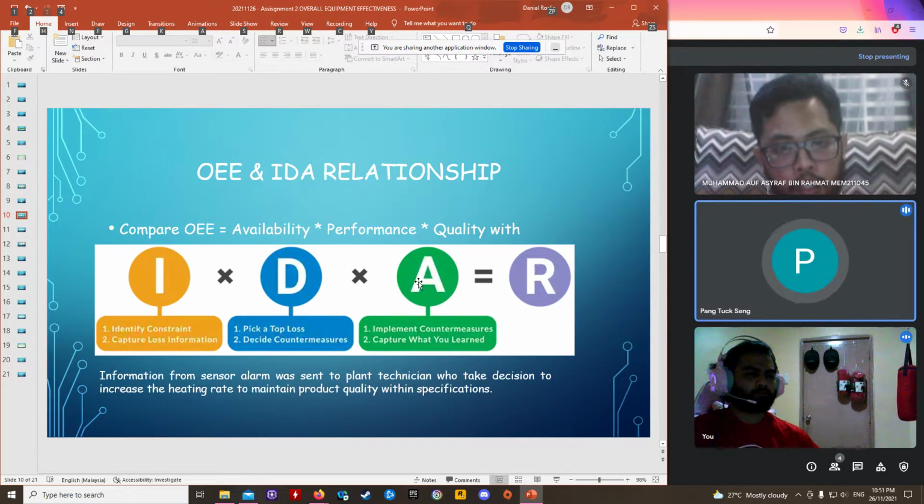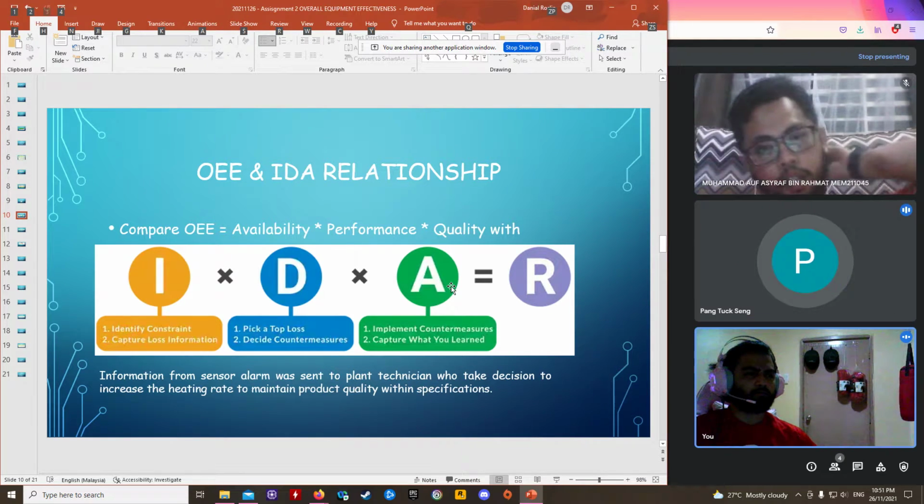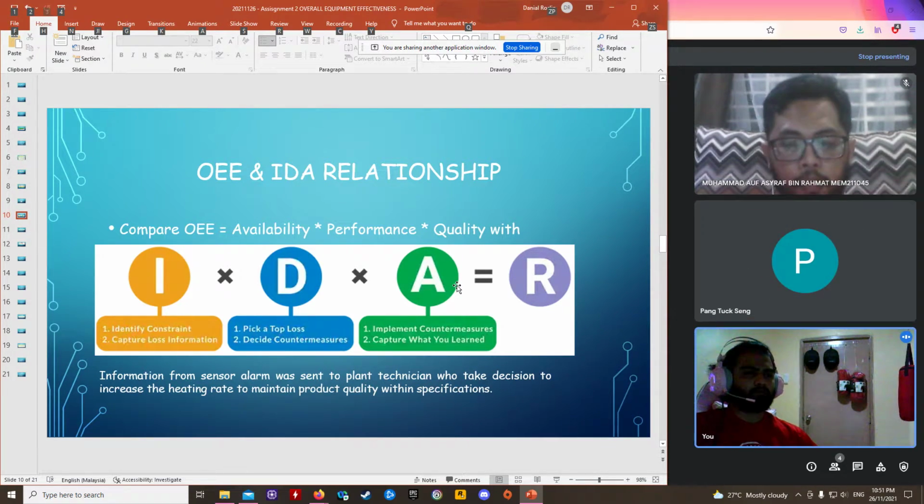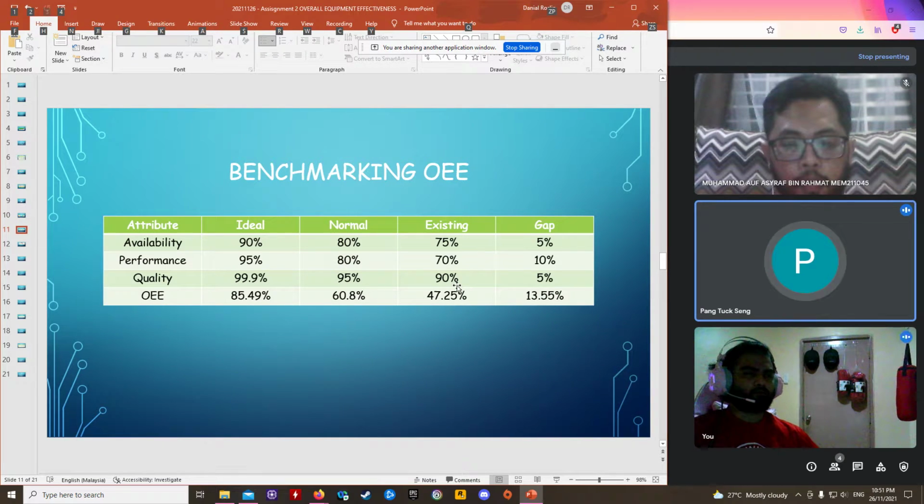Then you decide on the countermeasure to be taken, either by inspection or maintenance, or by improvement of the competency and skill of the worker, to pick a few examples. And it helps to carry out the action, that is, to implement the countermeasure and capture what you have learned. It will give you a result that closes the gap between your ideal and desired state.